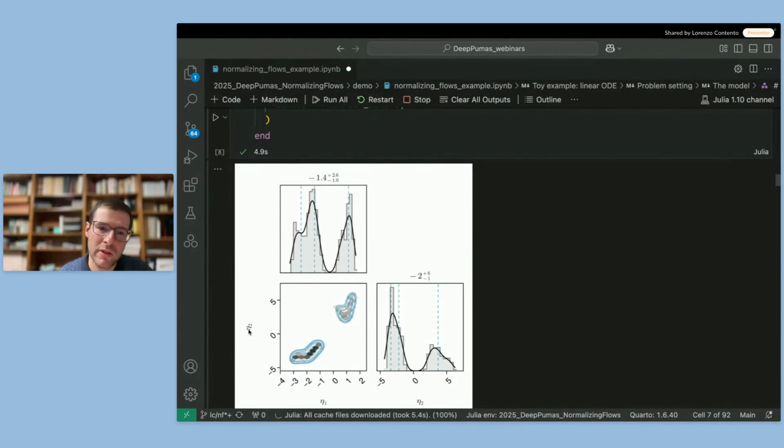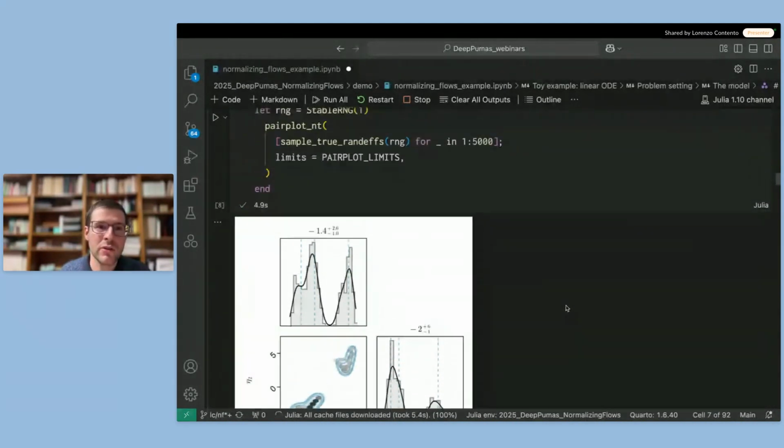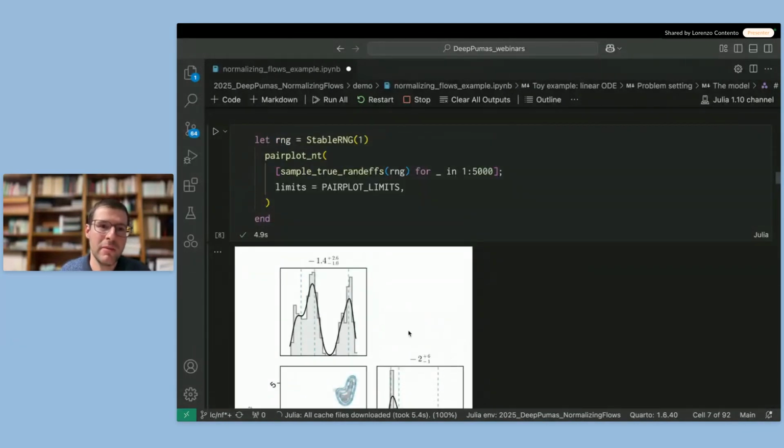This is not always the case. For example, if those clusters would be nearer to each other, one may observe a case in which there is actual bimodality in the joint distribution, but no bimodality in the marginals. So these pair plots are also a useful way to visualize these distributions. We use the pair plot library from Julia. I cannot take credit for this visualization over here.